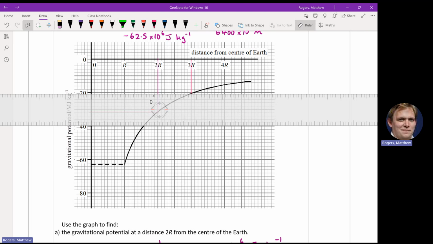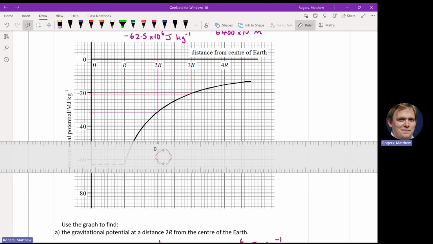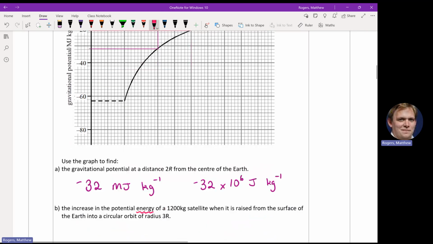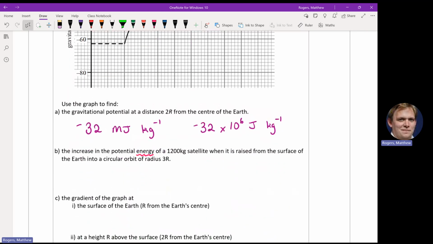This is a fairly standard thing in physics questions, A-level and GCSE. That looks to be about halfway across, so I think it would be reasonable at this point to say that's at 21. So using our graph, the value of the potential at 3r is minus 21 megajoules per kilogram.